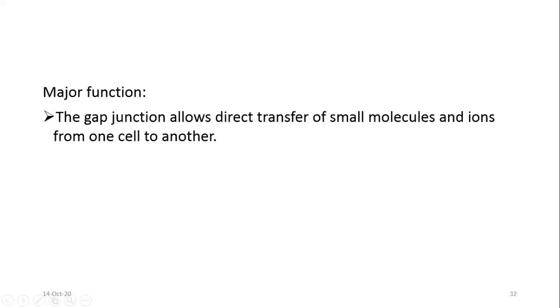Also, the gap junctions are very important because it is a method of communication between the cells so that they can function synchronously as one unit. Example, in the heart, these gap junctions are found so that the cardiac muscles contract synchronously as one unit because of the presence of these gap junctions.